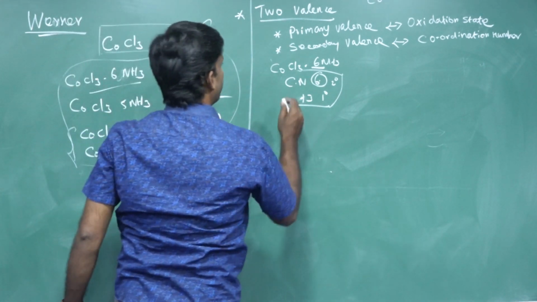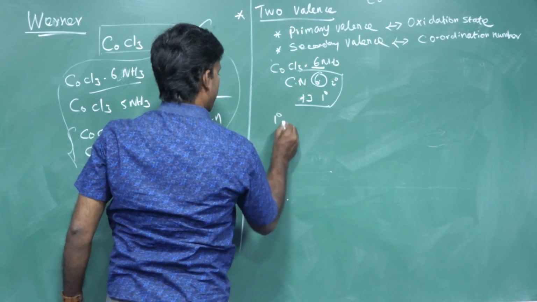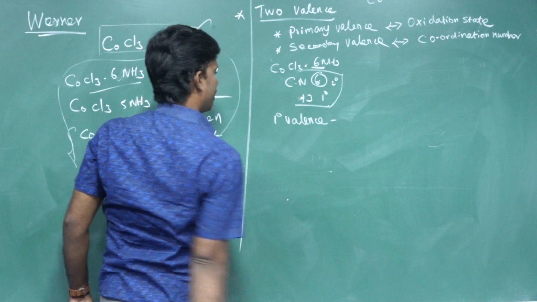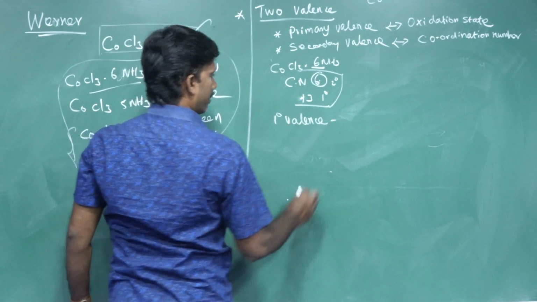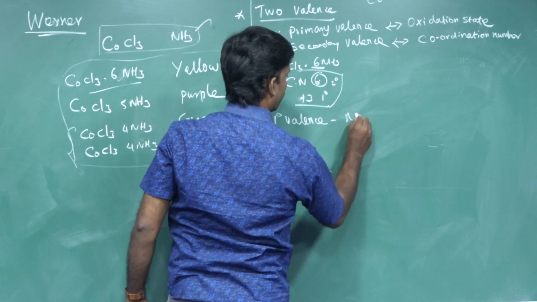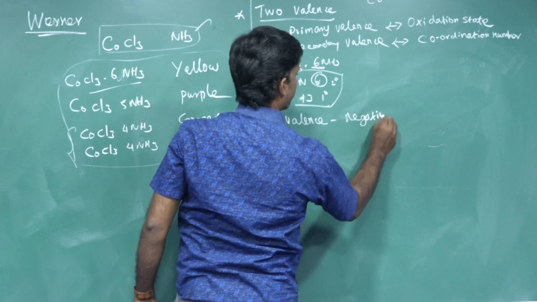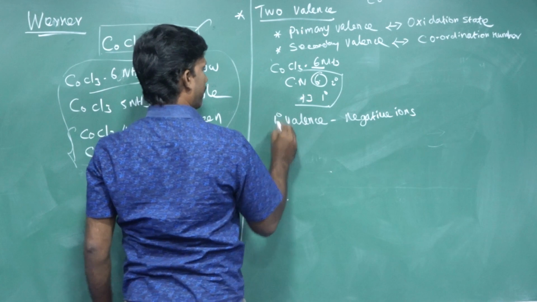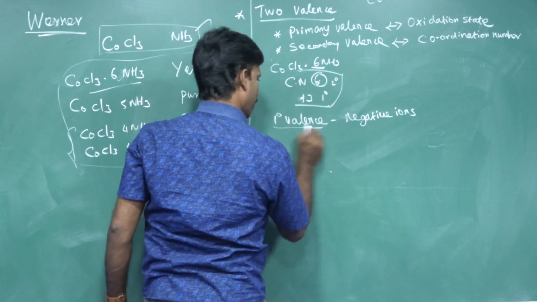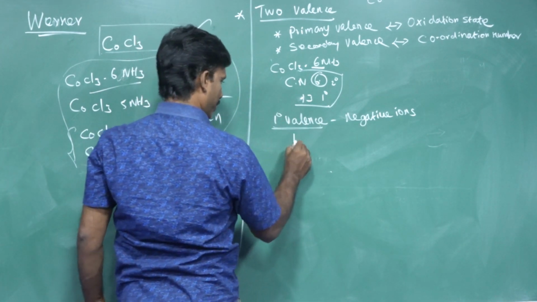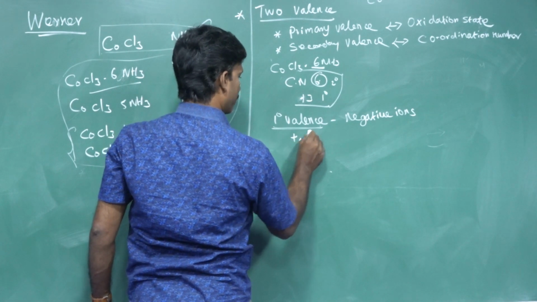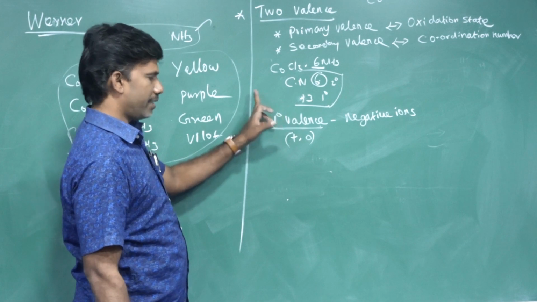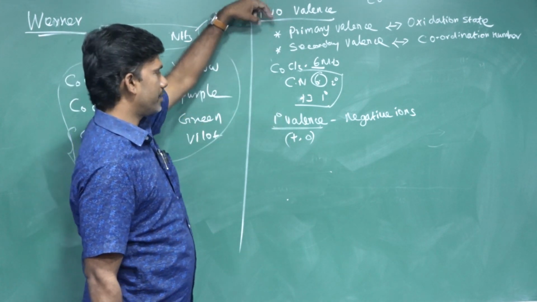The primary valency is always satisfied by the negative ions. The primary valency tends to be positive, in some cases 0. That is the oxidation state of the central metal atom.